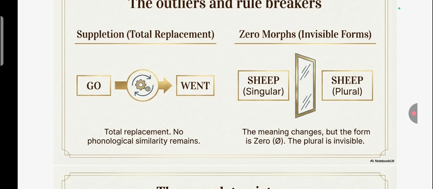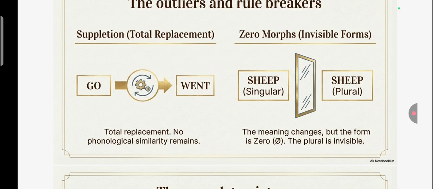Suppletion and zero morphs. Language also contains some unusual cases like this. One of them is called suppletion. Suppletion means complete replacement. For example, how the word go changed into the completely different word went in the case of past tense. There is no sound similarity between go and went. The entire form changes. Another interesting case is the zero morph.